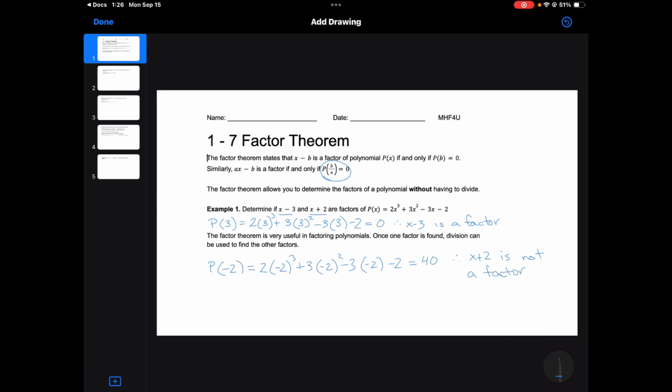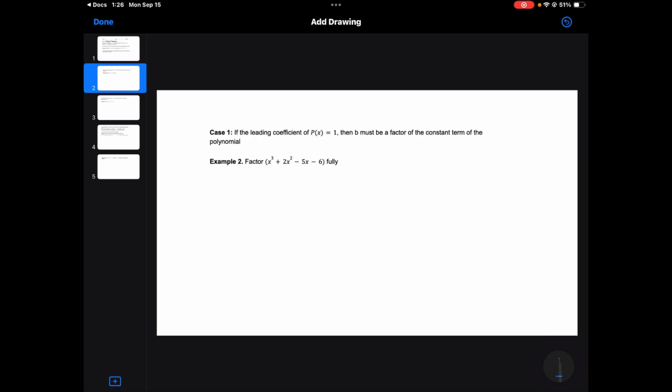So we're going to use this fact to do one example, which is factoring the polynomial. And so the first thing that I need to do is I need to find a factor to test, or I'm looking for my first factor. My factors all have to be factors of my last term in this case. So my possibilities are plus or minus 1, plus or minus 2, plus or minus 3, plus or minus 6.